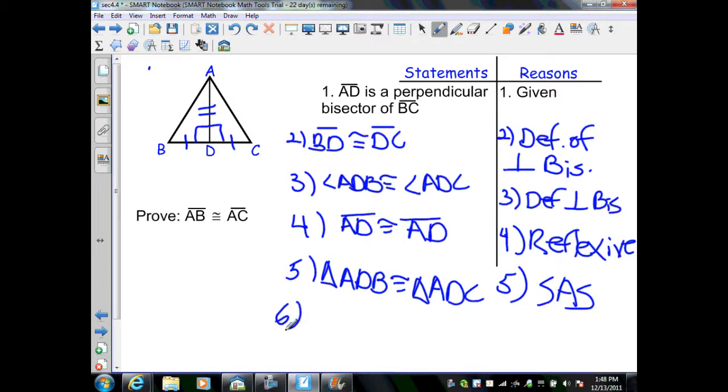Now I can state that segment AB is congruent to segment AC because of CPCTC, corresponding parts of congruent triangles are congruent.